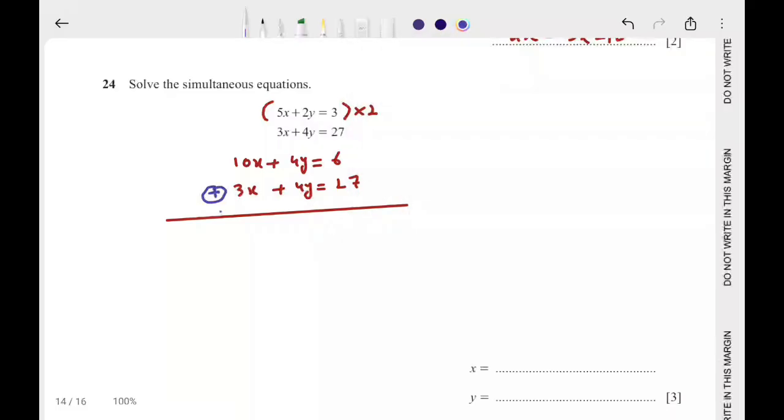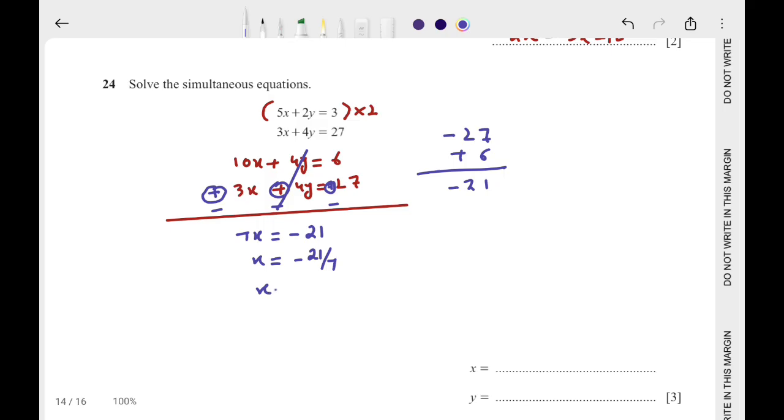We'll change the signs. Here will be negative, negative, negative. It will be cancelled out. So 10 minus 3 is 7x is equal to minus 27 plus 6, which is minus 21. So x is equal to minus 21 divided by 7. x is equal to minus 3. So this is the value for x.